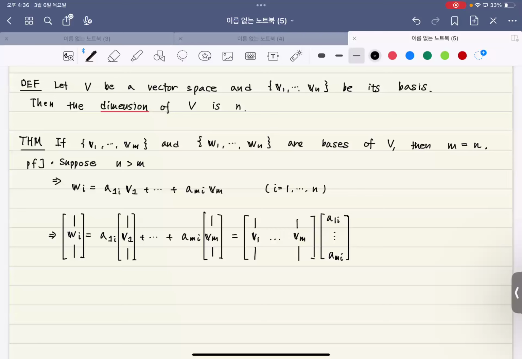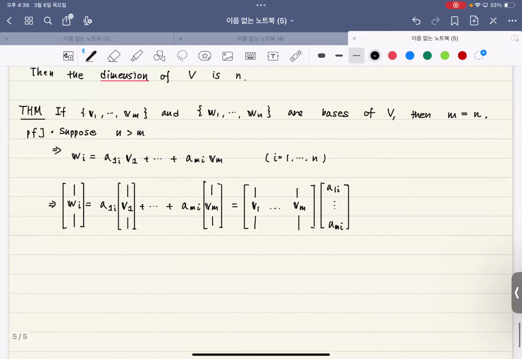Right? So such a linear combination can be written as a matrix times a column vector. By now, you should be able to understand this.